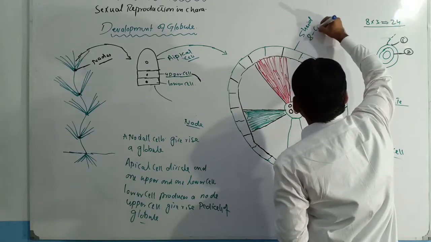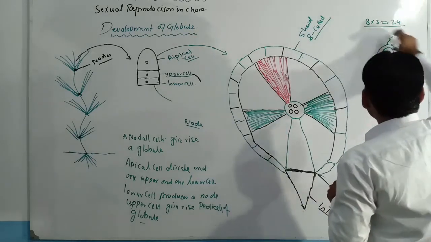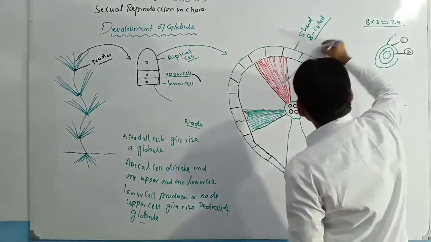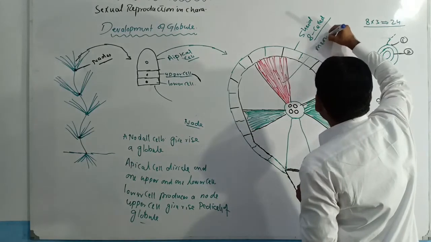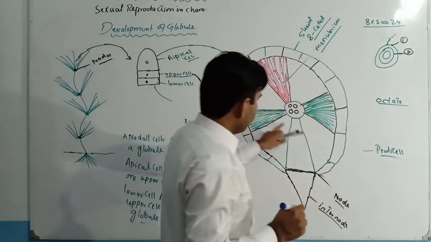This is a shield which is 8 celled. This is far from the outer cells, and this is the manubrium.